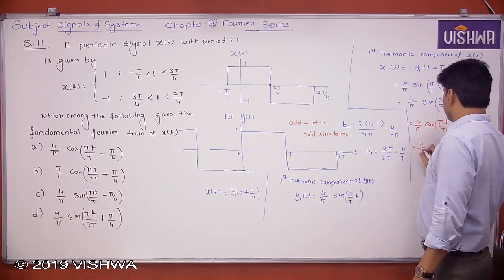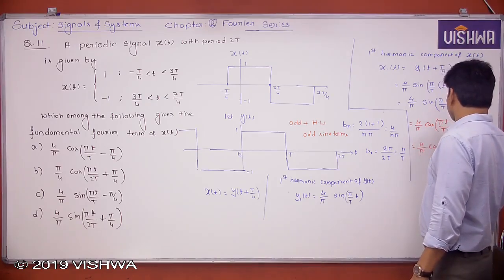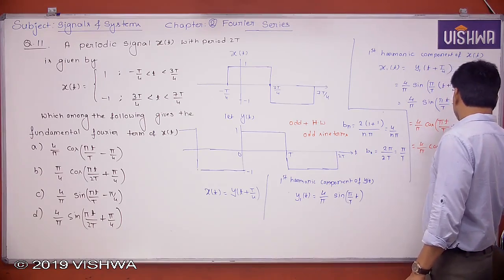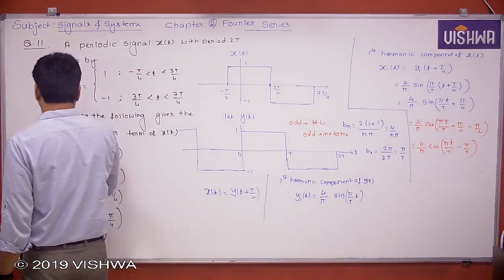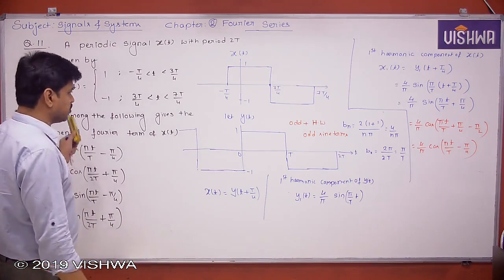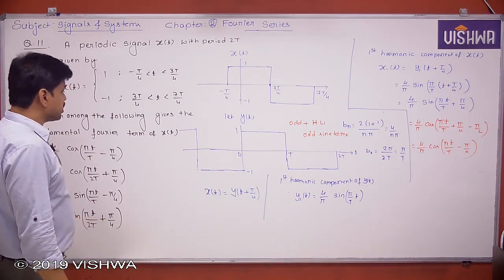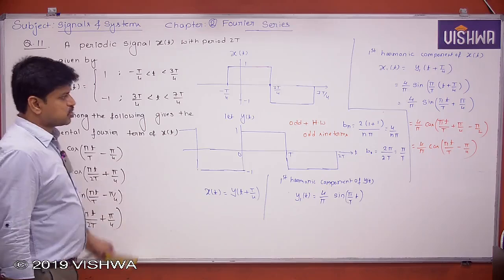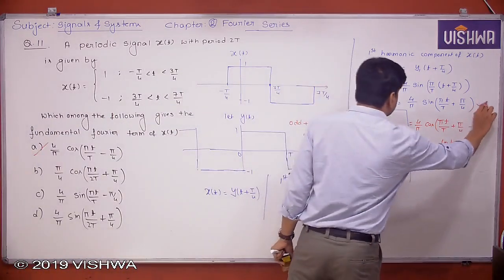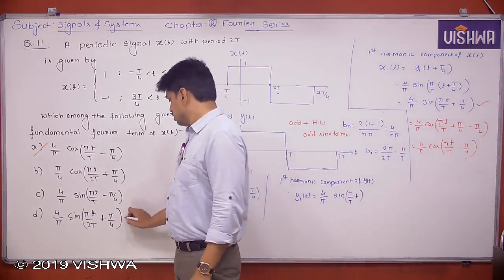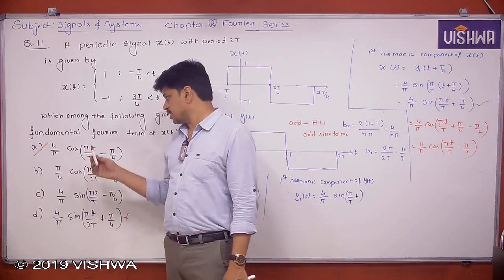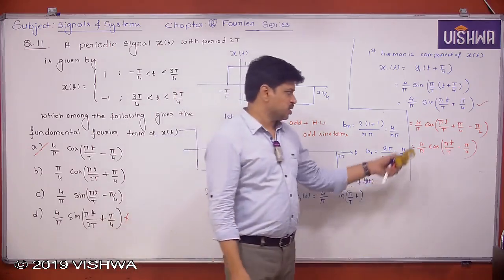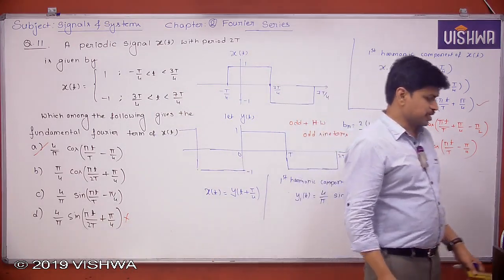Finally, this is 4 by pi cos pi t by T minus pi by 4. Answer is A. So be careful. If you do any manipulations, you may get one of the answers. Don't go with a similar kind of answer. What we got first looks very similar to this answer, but this is not the correct answer, as it has 2T. So to get this answer, we have to manipulate it into the cos term. Clear? Take it.